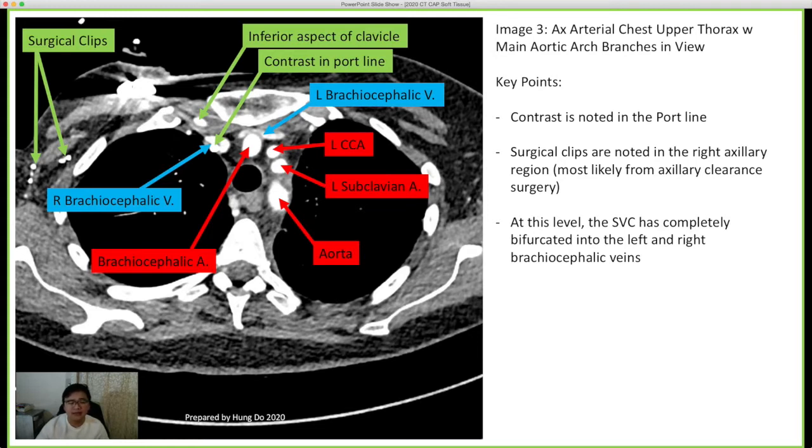Remember, your brachiocephalic artery will eventually bifurcate into the right common carotid artery and your right subclavian artery, similar to the left side, and your common carotid artery will eventually bifurcate into your external and internal carotid arteries on both sides.